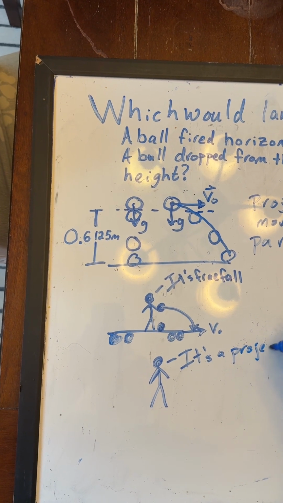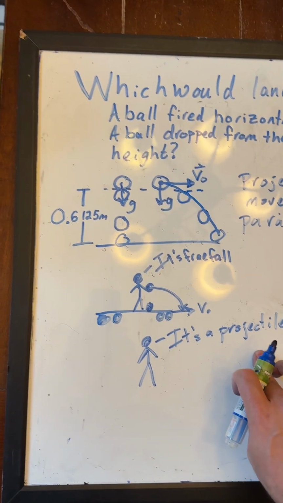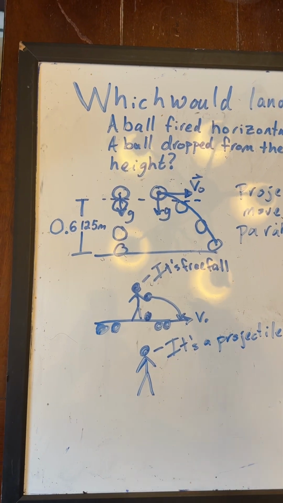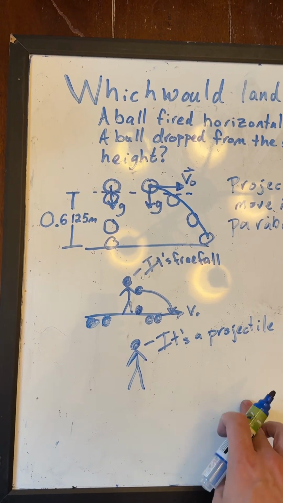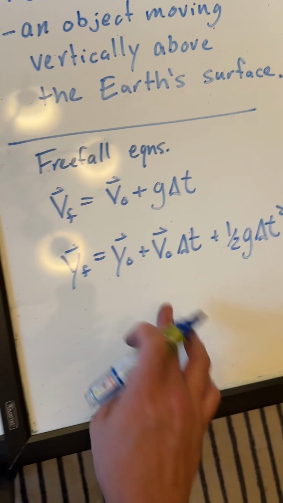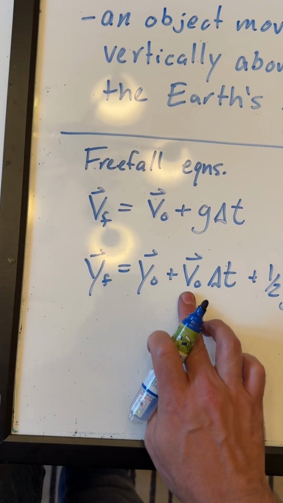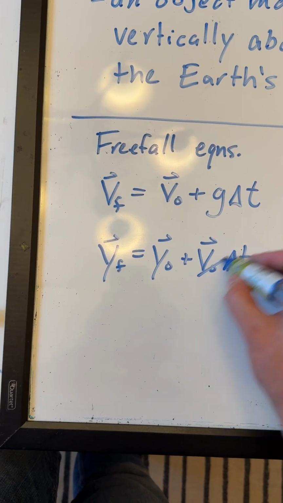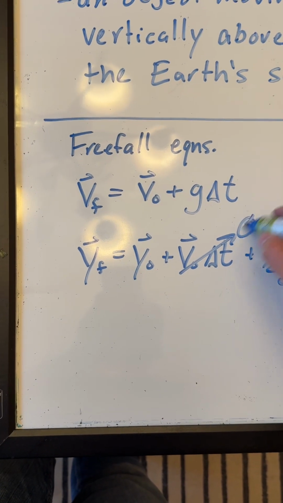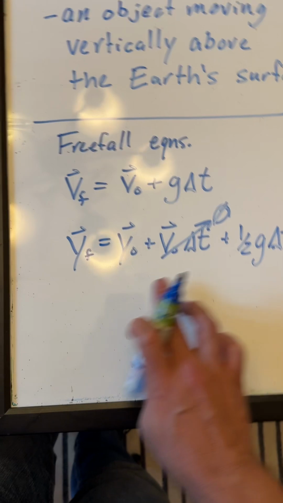The reason why I'm bringing this up is that while you can't agree on the path, you can agree on when it lands. So if you work out our free fall equation, in this case we're dropping it, so the initial velocity term just goes away to 0. And then we're solving for time.